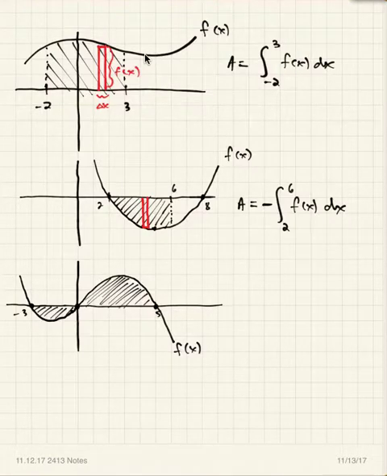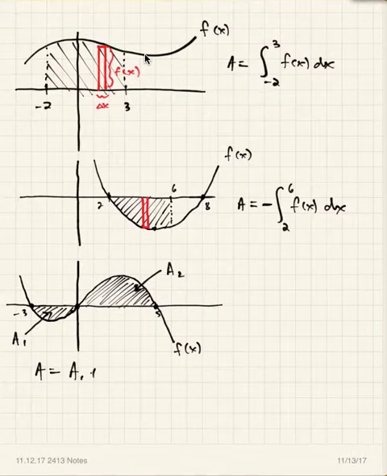And notice the problem here is that part of that region is above the x-axis and part of it is below the x-axis. So if we say that this region is A1 and this region is A2 right here, then our total area would be simply A1 plus A2.